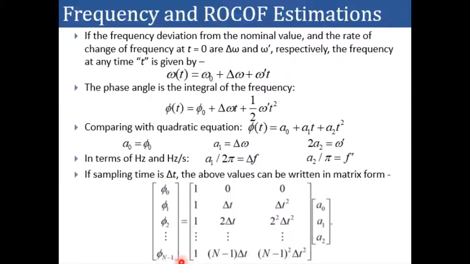This information we are getting from the PMU, that is the phase angle estimation. From the PMU we can get the values of phase angles, and then the values for unknowns a0, a1, a2 can be calculated. In this, if we keep the sampling rate constant, this matrix will remain constant.